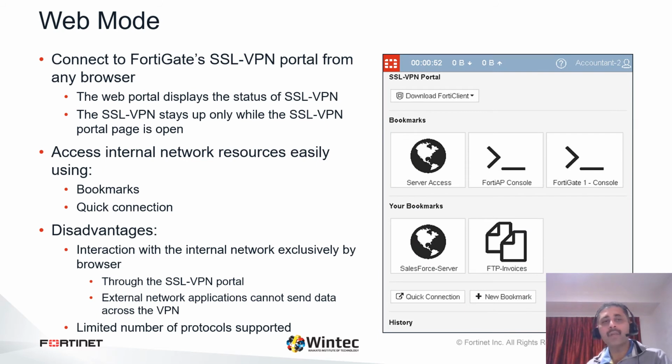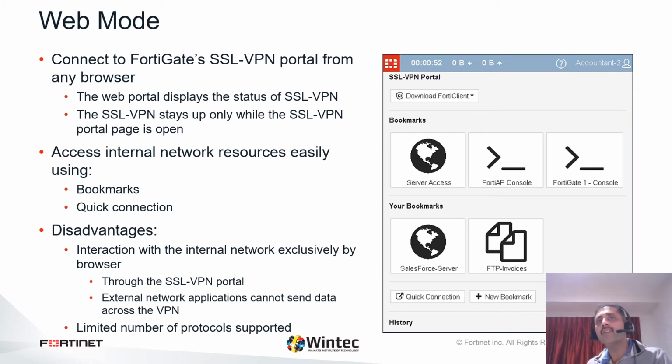So let's look at what the web mode actually provides us. Now, web access is the simplest SSL VPN mode. Like you would with any other HTTP website, you simply log on to the SSL VPN portal web page on FortiGate. It acts like a server-side reverse proxy or a simple, secure HTTP/HTTPS gateway that connects you with the application on the private network.